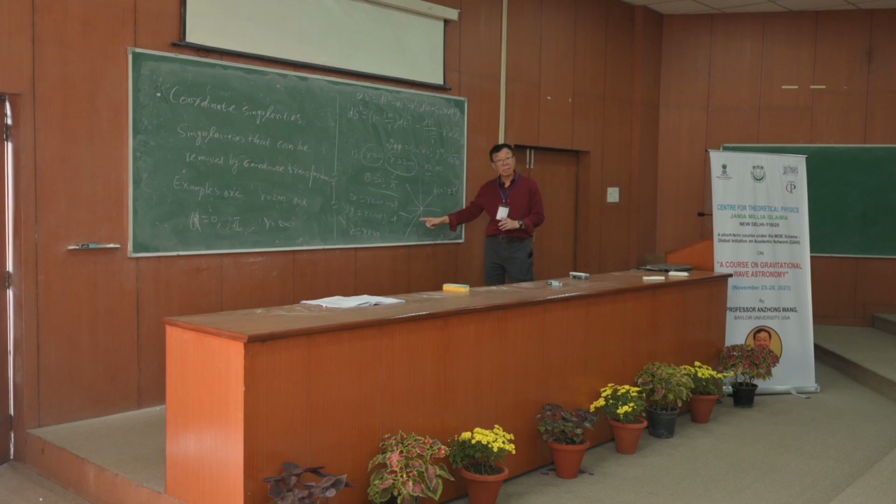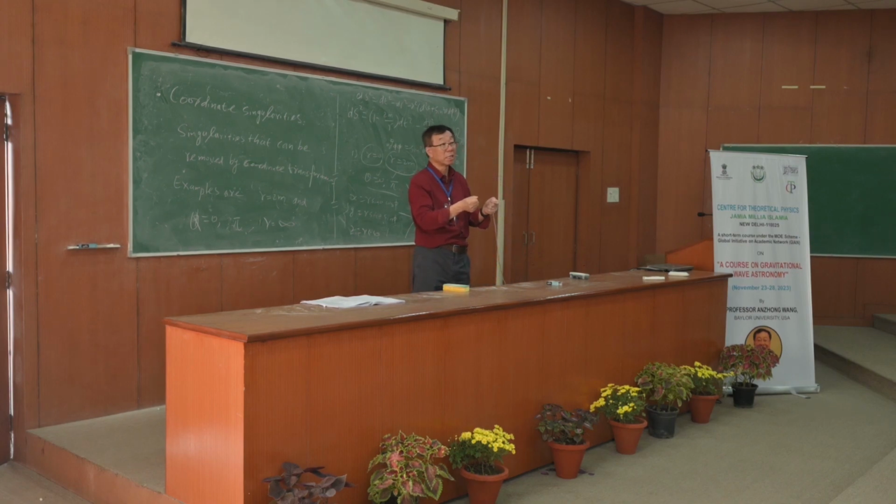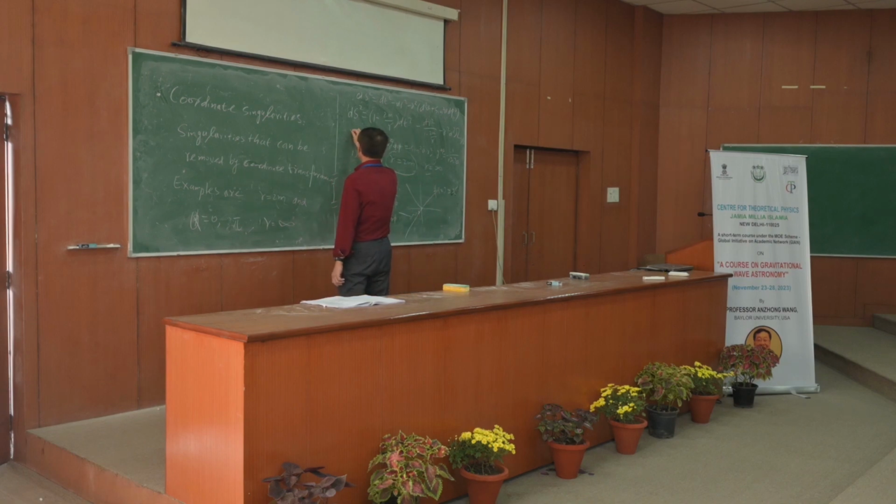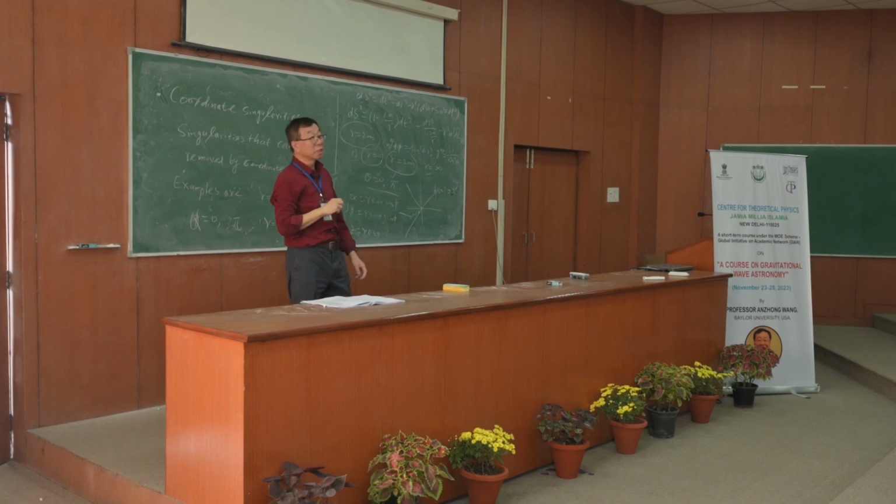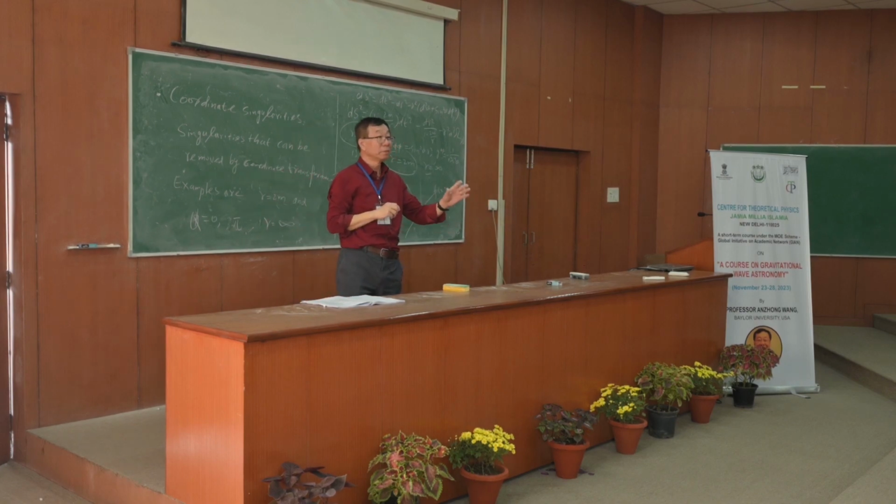So this is the analytic extension. So the analytic extension is important. The analytic extension is unique. So that's why when we make an extension across r equal to 2m, we require the extension to be analytic, which means there is no second analytic extension. It's unique. That's the Kruskal extension.